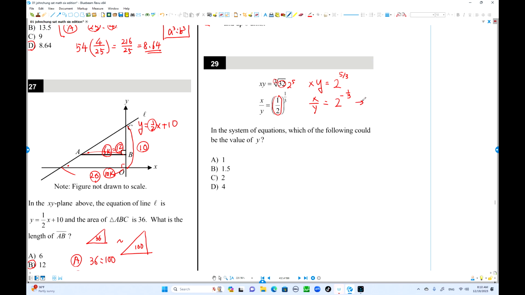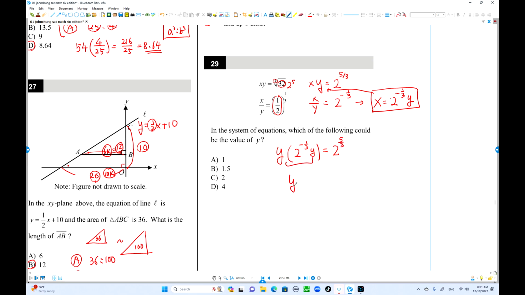From here, x equals y times 2 to the negative 1/3. Substitute over here, okay? Now x is gone, you've got only y terms. Y times x, which is 2 to the negative 1/3 of y, equals 2 to the 5 over 3.